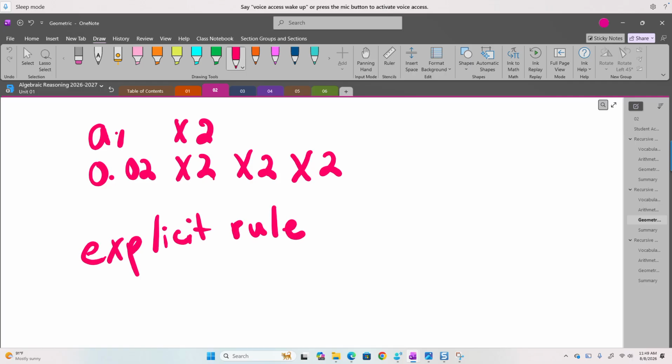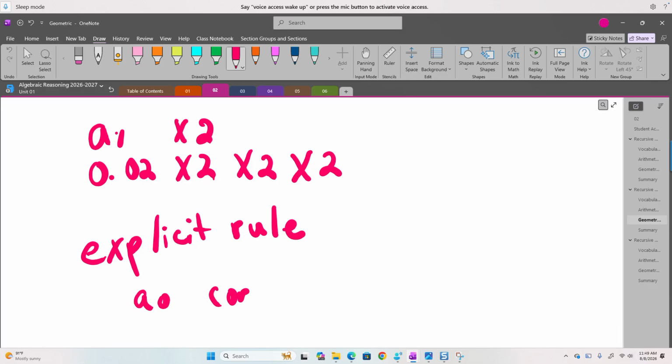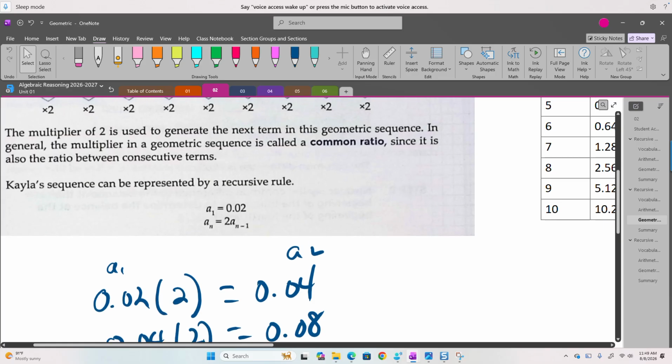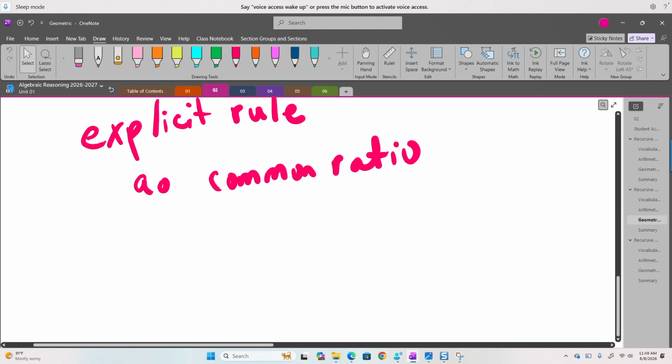Just like in our other one, we need to find out what a sub 0 was. So if I take a sub 1 and divide it by the common ratio, 2, that is going to give me 0.01, and then our base is 2.